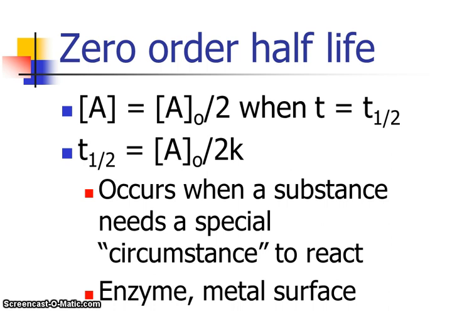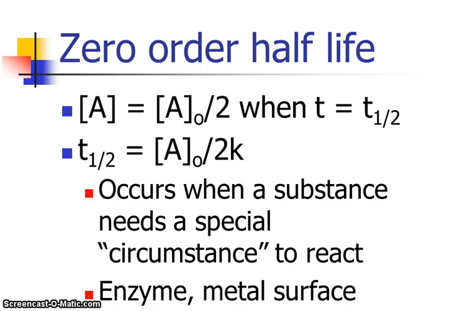So in order to sum this all up, if we were to look at a first order reaction, we would take the natural log of the concentration versus time, and if we get a straight line, that tells us that it's a first order reaction.